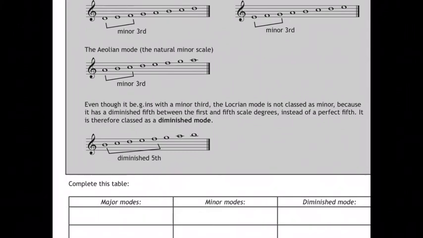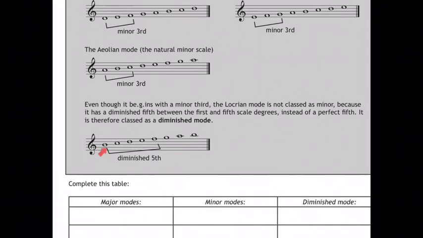Okay, so in the case of a B Locrian mode from B to B, it's the only mode that does not have a perfect fifth in it.